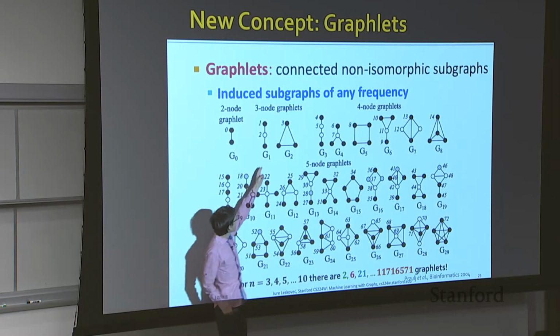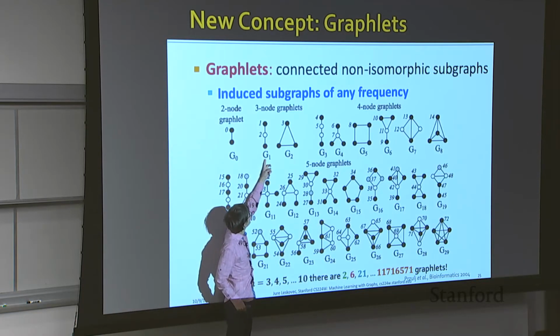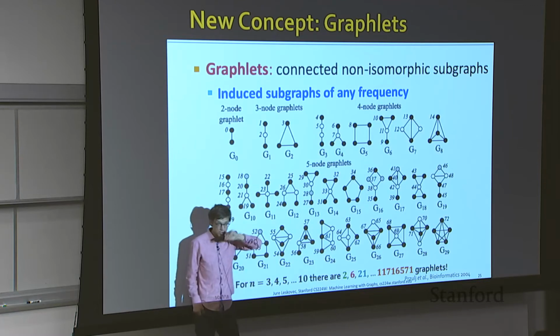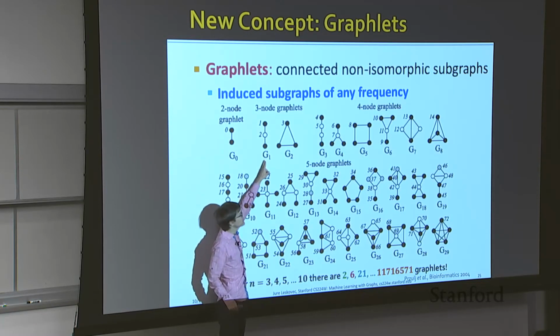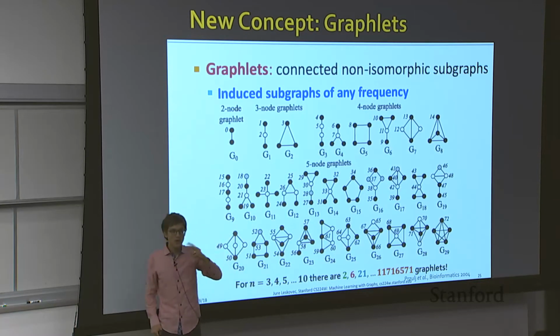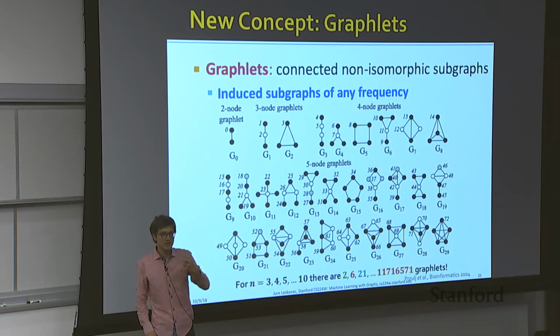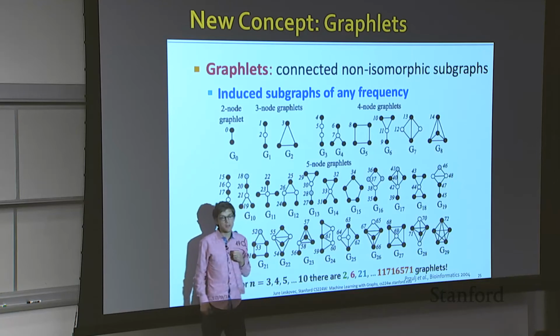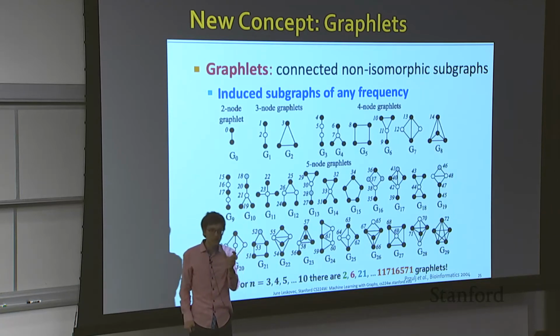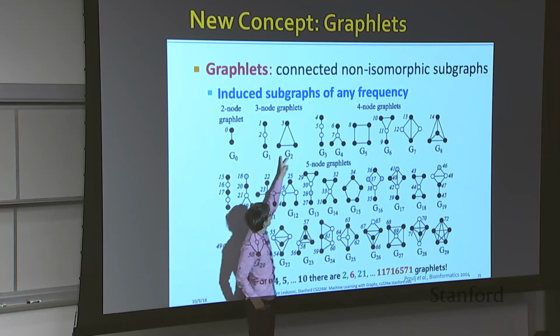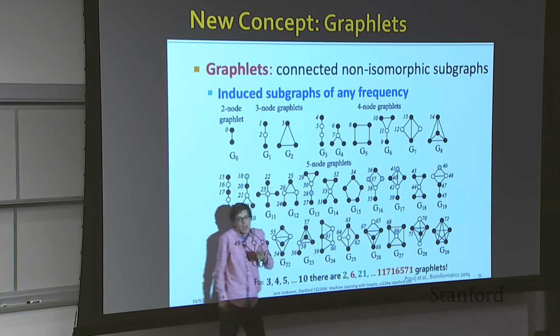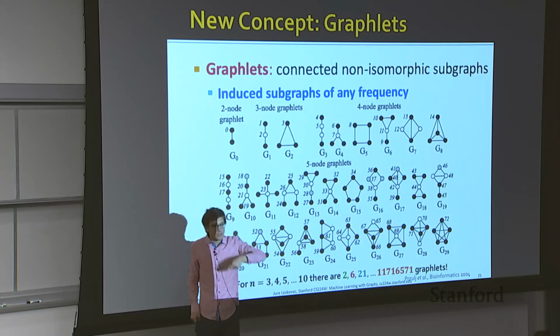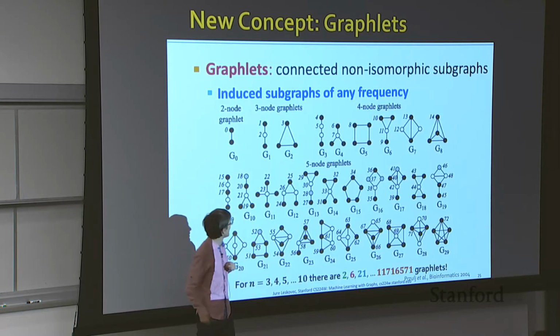For example, for this chain of two nodes, you have two non-isomorphic positions in this graph. You can be at the beginning of the chain, or you can be in the middle of the chain, and those are different, right? If you are part of a triangle, you can be at any of the corners. They are all symmetric, so it doesn't really matter, right?